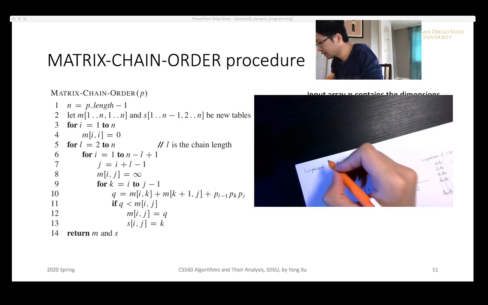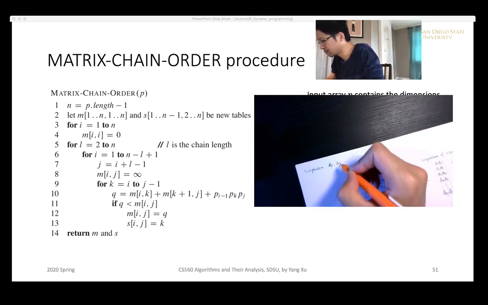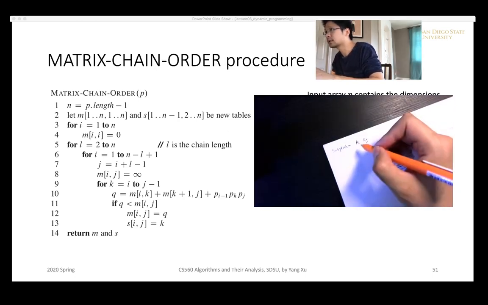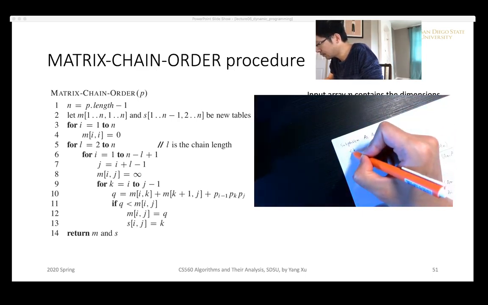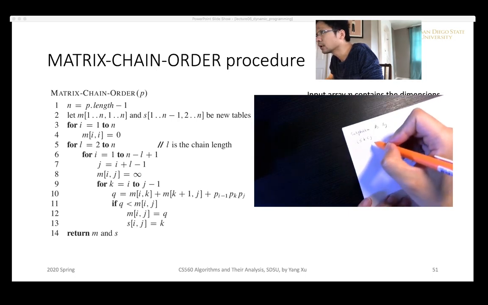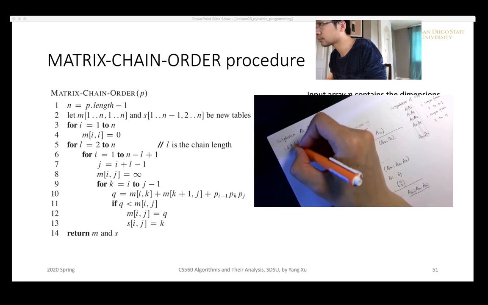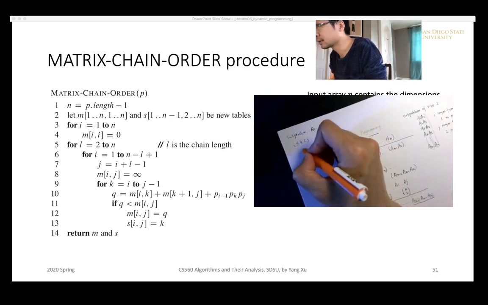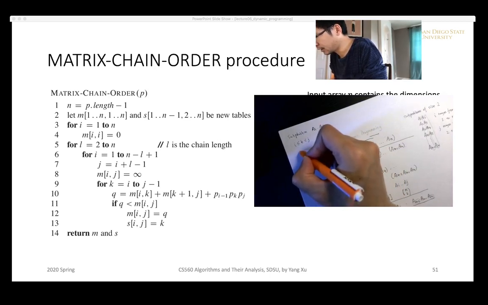So when we solve the AI to AJ matrix chain problem, we basically want to know the K, where K is between I and J, the K that gives us the optimal solution.